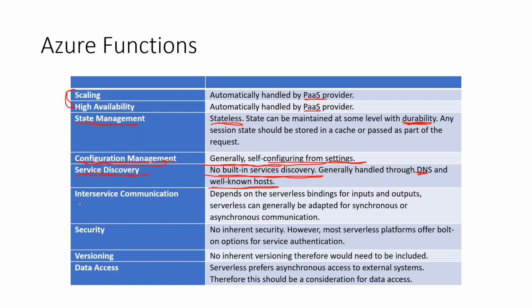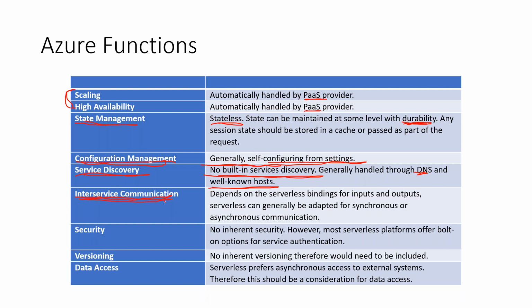Now, the one thing I also love about Azure Functions and the serverless model in general is the way that it decouples service communications from the actual code that you're writing. And it really depends on the serverless bindings to maintain that. So the inputs and outputs from any Azure function are going to focus on what is coming in through the binding and what's going to be output from the binding.